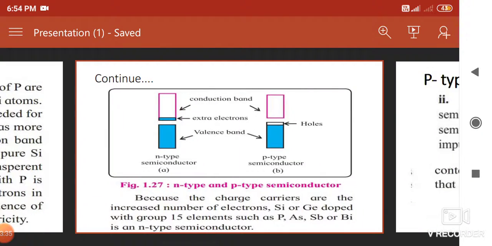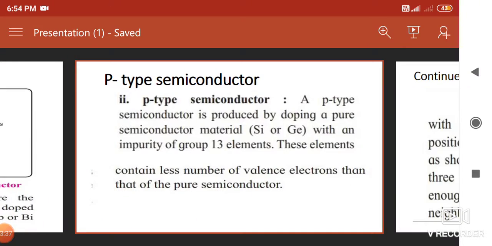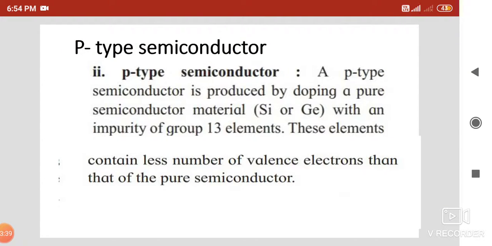Now after seeing the n type semiconductor, let us see the p type semiconductor. A p-type semiconductor is produced by doping a pure semiconductor material, maybe silicon or germanium, with an impurity of group 13 element.